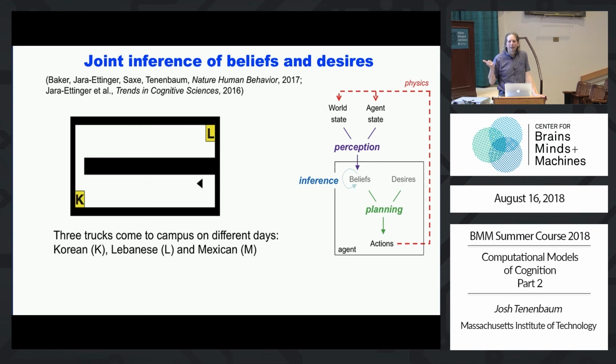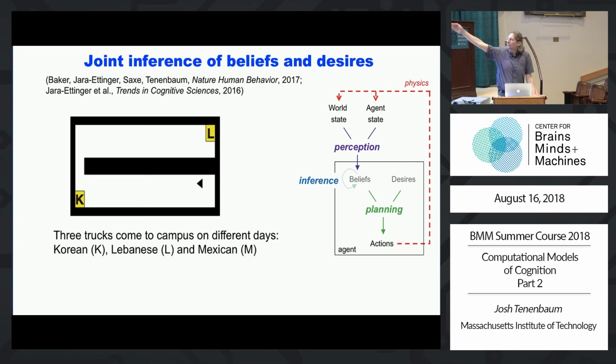On this particular part of campus, though, there are only 2 parking spots, shown in yellow. And on different days, different trucks get there at different times and park in different spots. So on this particular day, the Korean truck parked down in the lower left, and the Lebanese truck parked in the upper right, or the northeast, I guess. Think of it as an overhead view.